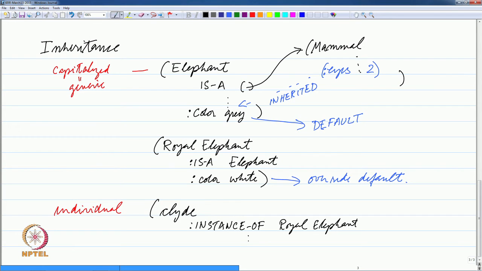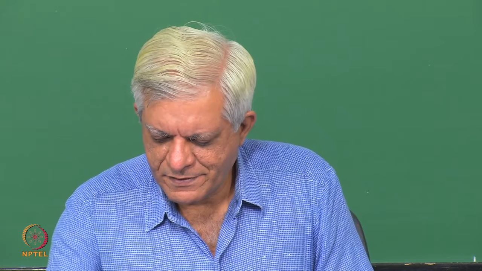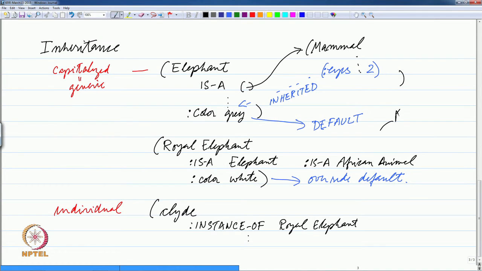One can inherit from multiple sources, that is allowed, it does not have to be only one parent. So, for example, I could have said that a royal elephant is an African animal. African animal could be a concept which talks about all those animals that are found in Africa, and African animals could have certain properties which are different, which would be inherited also by the royal elephant.